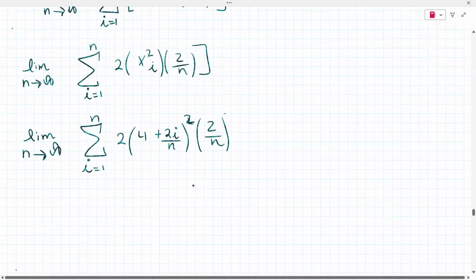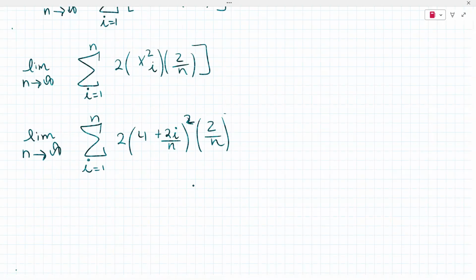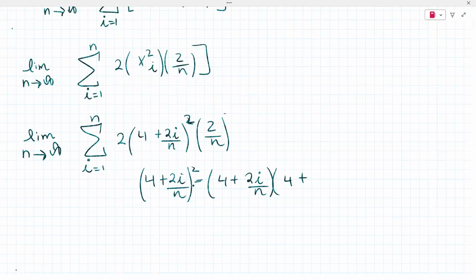And what is 4 plus 2i over n squared? Let's just kind of clean that up. So 4 plus 2i over n squared is 4 plus 2i over n times 4 plus 2i over n.